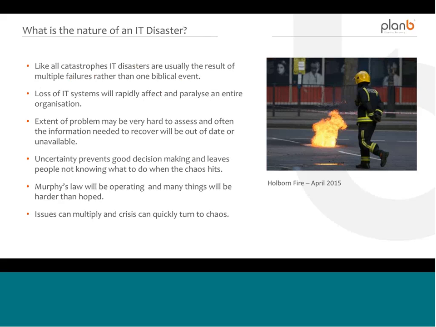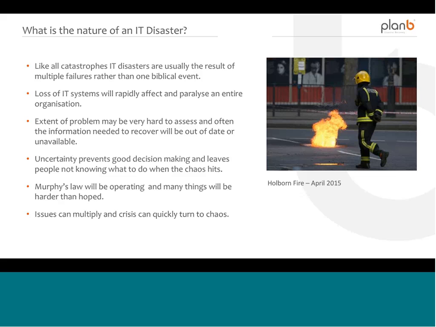What's the nature of an IT disaster? Like all catastrophes, IT disasters are usually the result of multiple failures, as I've said before, rather than one biblical event. And when you lose your IT systems, if you just think about the last time you had an outage in your office, how very quickly everybody's work stopped, people congregate around the coffee machine, or you possibly even had to shut up shop for the day.